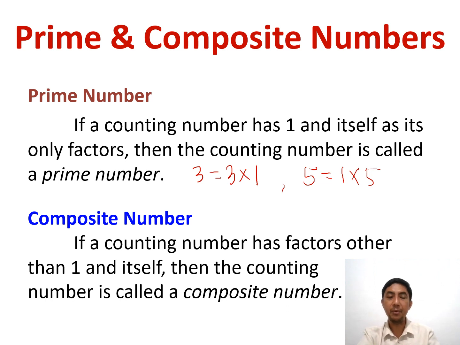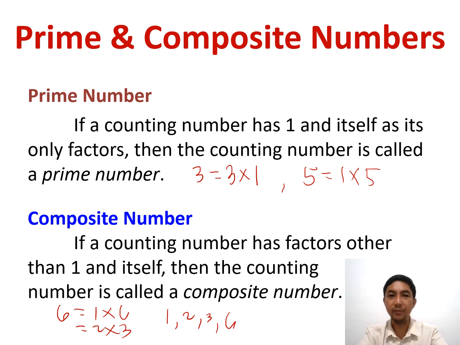Whereas, for the composite number, suppose you are given 6, we know 6 is 1 times 6, 2 times 3. So if you notice, there are more than 2 factors: 1, 2, 3, and 6. So that's it. That's the difference between prime number and composite number.